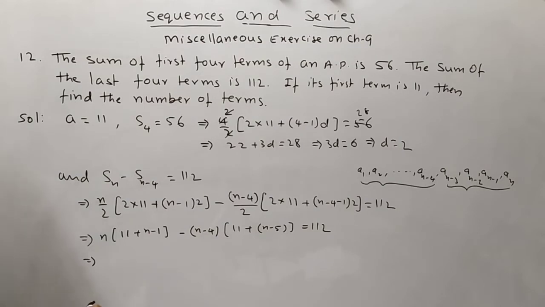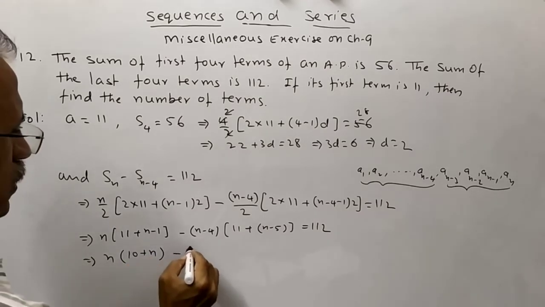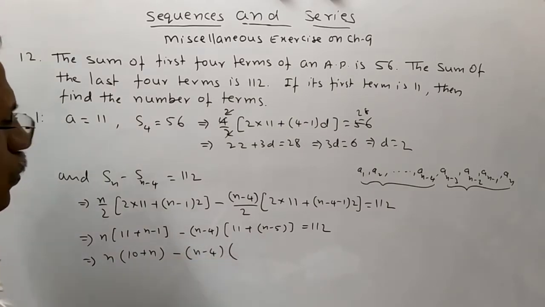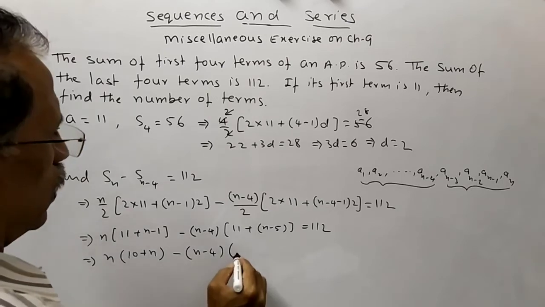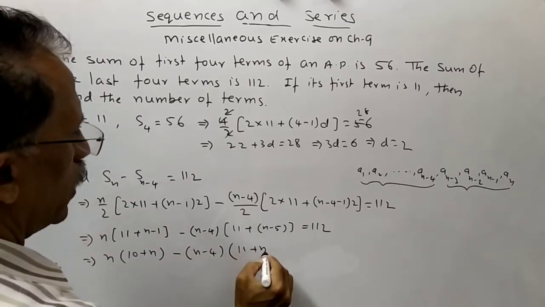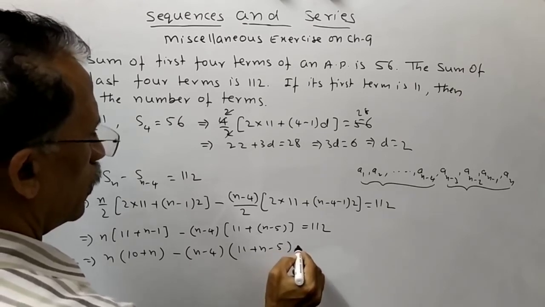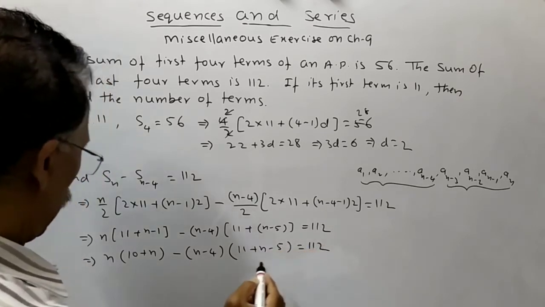Implies n into 11 minus 1, 10, plus n, minus n minus 4 into 11 plus n minus 5 is equal to 112.